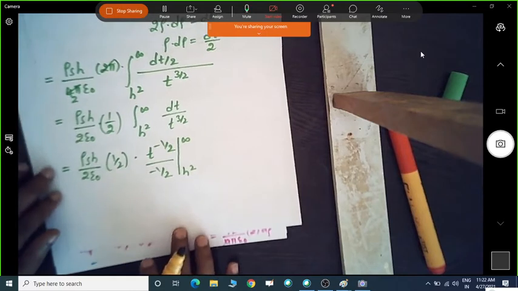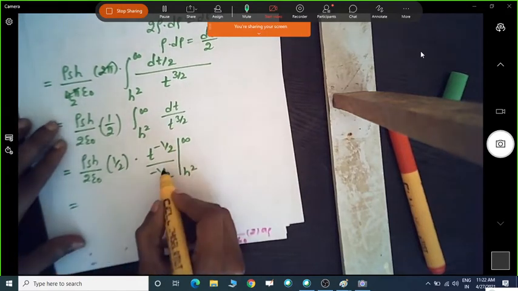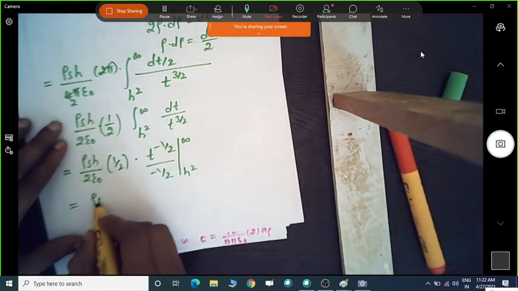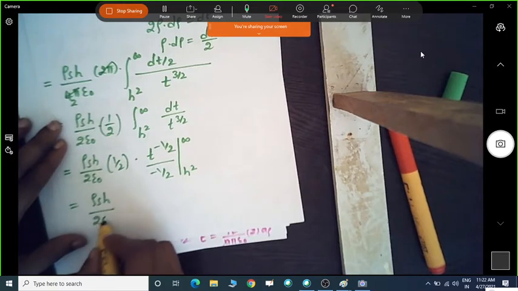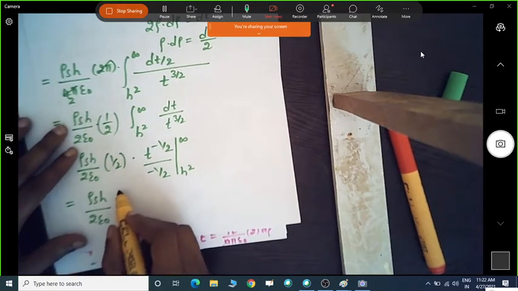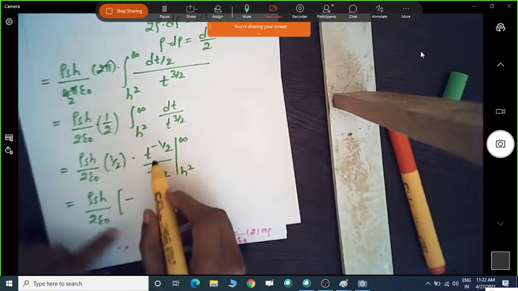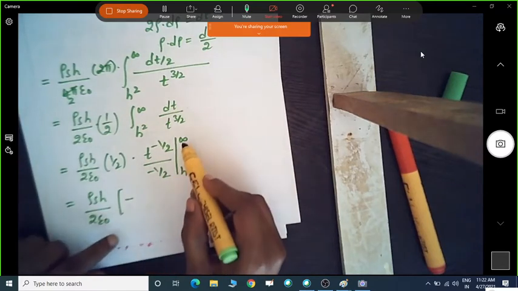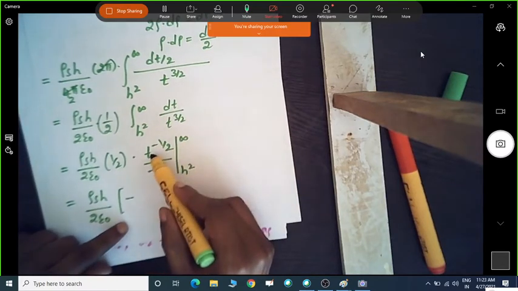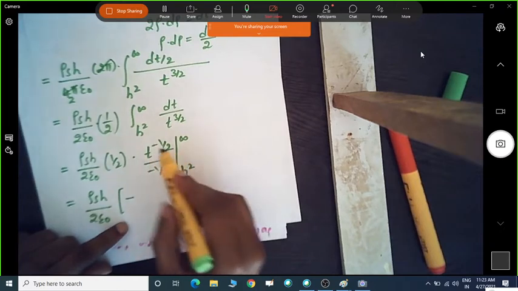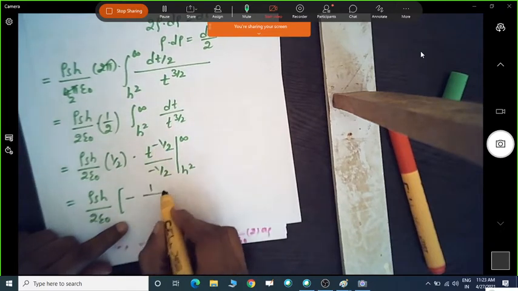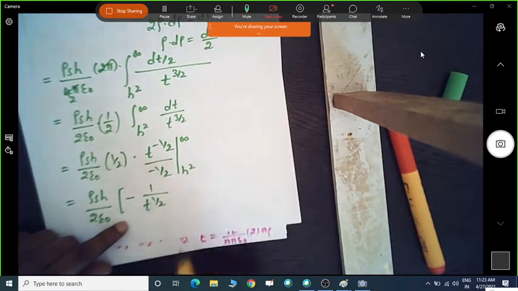Okay, so now the half and half get cancelled, and we'll have rho_s h by 2 epsilon naught into minus of t power minus half. Now if I substitute the limits h square to infinity, if I substitute infinity here, it is 1 over infinity, which becomes 0.